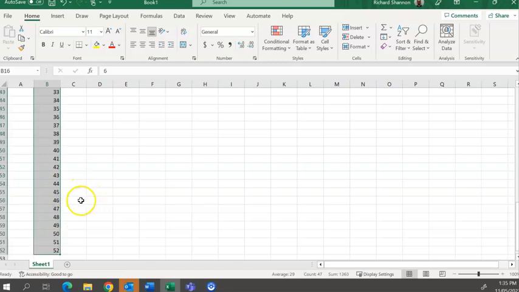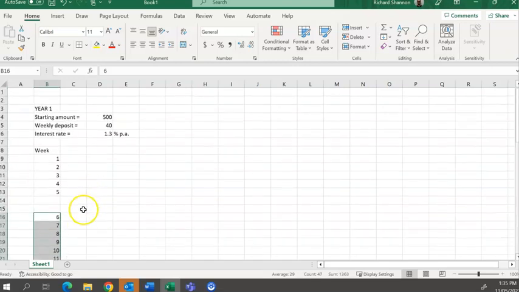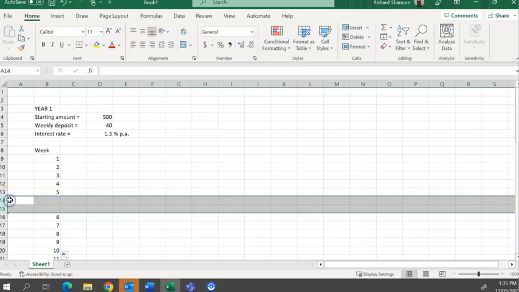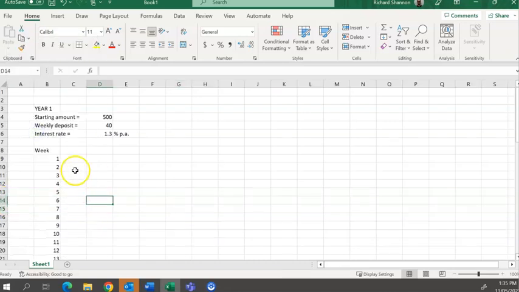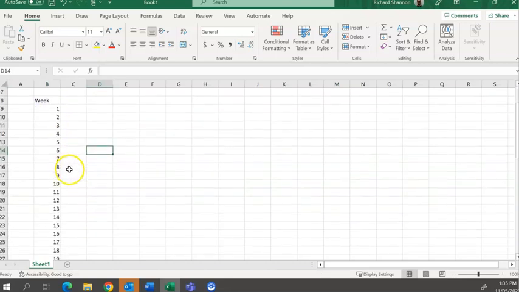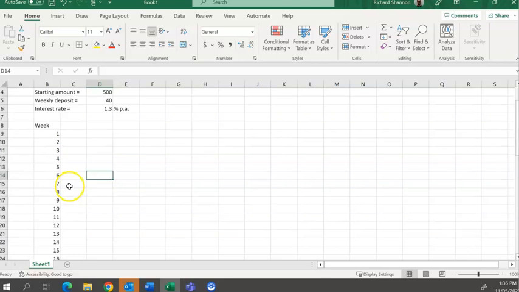Okay, so I've got 52 weeks. Oh, hang on, I've just messed up there a bit. I'm just going to delete those. All right, so I've got 1 through to 52. That's my weeks.